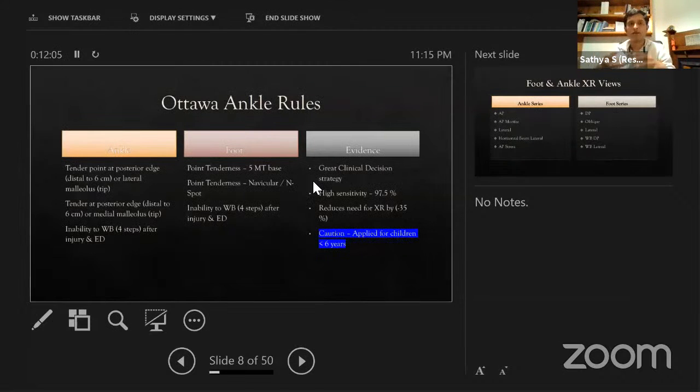With respect to ankle and foot X-ray, we must use the Ottawa ankle rules, which have about 97 to 98% sensitivity, and it's a group clinicians strategy or tool.